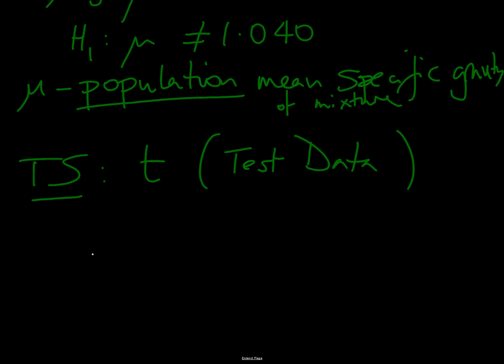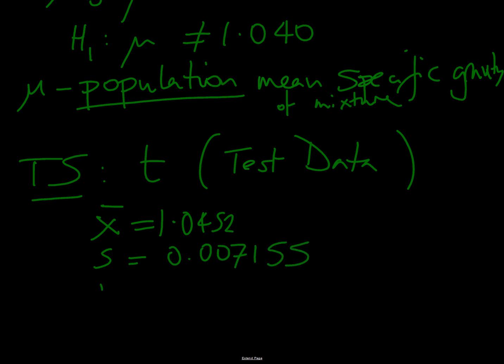Yeah, so those are the 3 values that we need to carry out our work here. So our x bar was 1.0452. Our sample standard deviation is 0.07155, and the sample size n is 9.